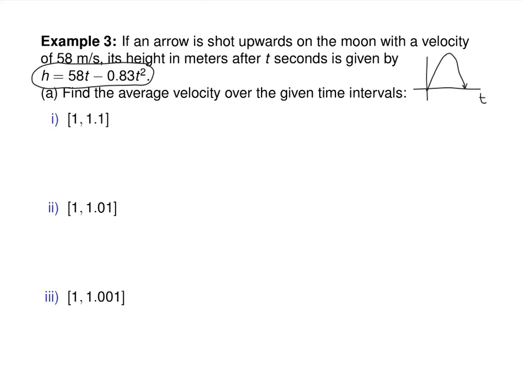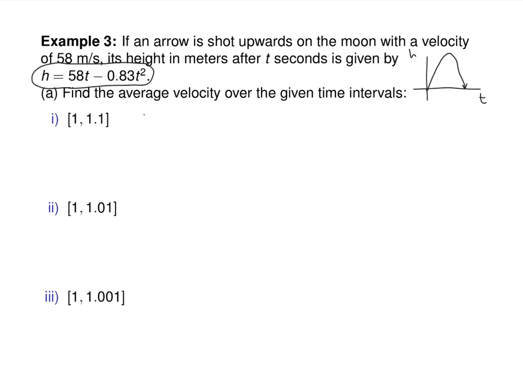And as time passes, there's the height. And you want to find the average velocity over these time intervals. So average velocity, if I was driving to Denali, how would I find how fast I was going on average? I take how far I went divided by time.